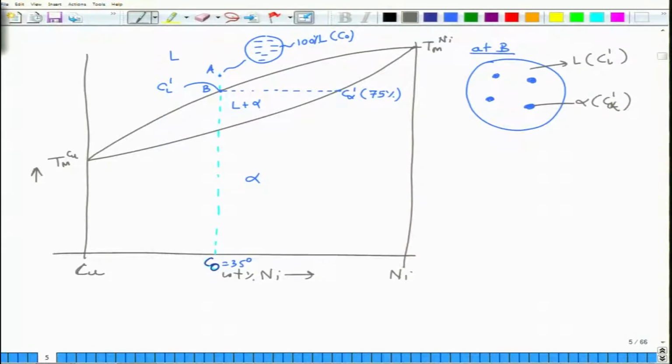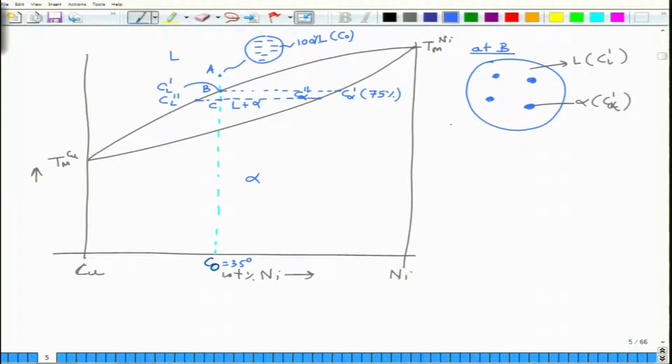Now when you go down to point C, at this point, ideally you should have all the solid of composition C alpha double prime, and this should be the liquid of Cl double prime.